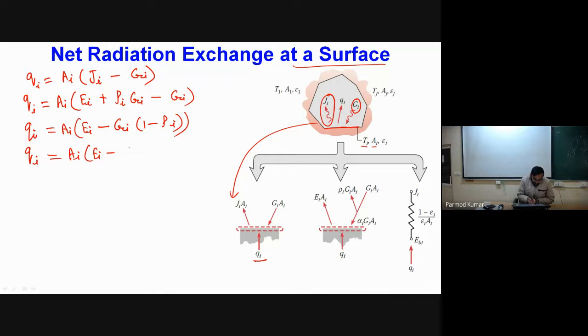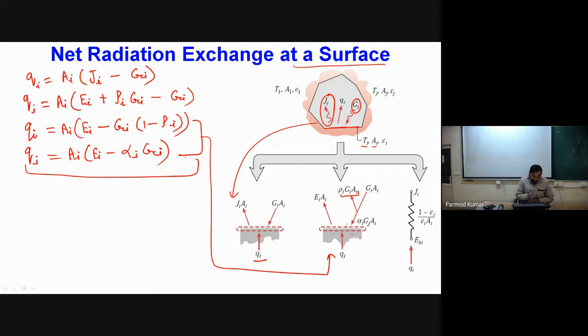So it becomes Ei minus alpha i into Gi. So these two equations correspond to this second situation. Here you can see that Ei into Ai is the amount of radiation emitted. Gi Ai was the total radiation falling on the surface, out of which rho i Gi into Ai is reflected, and alpha i Gi Ai is absorbed by the surface. So the second circuit gives the explanation of these equations.